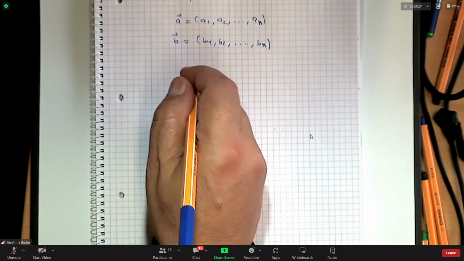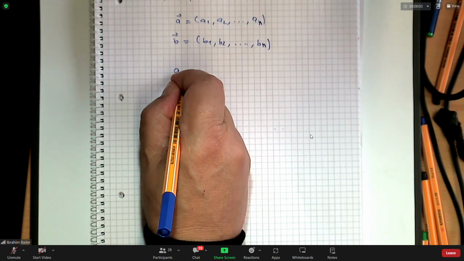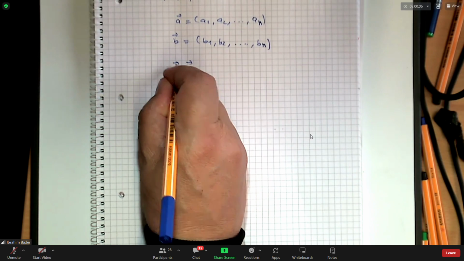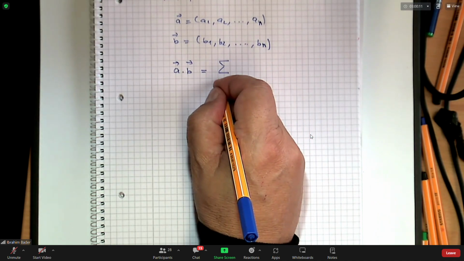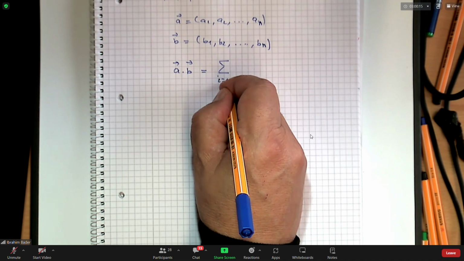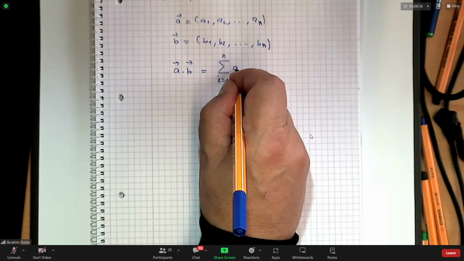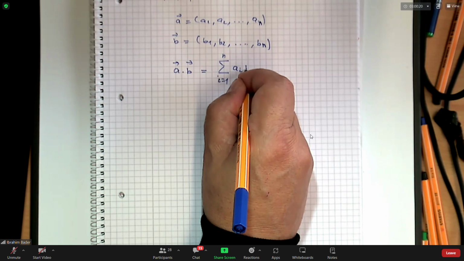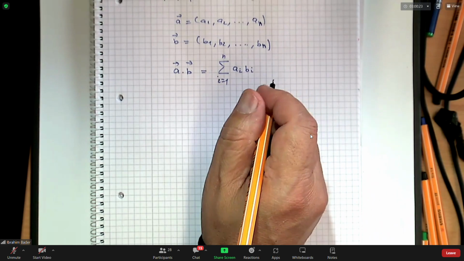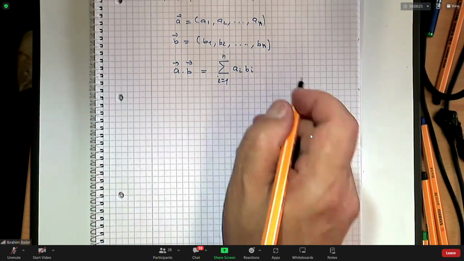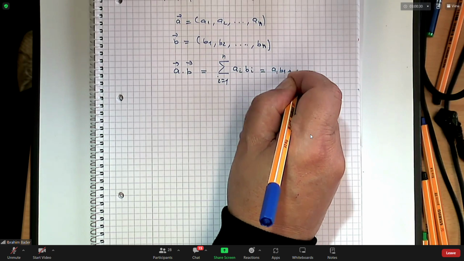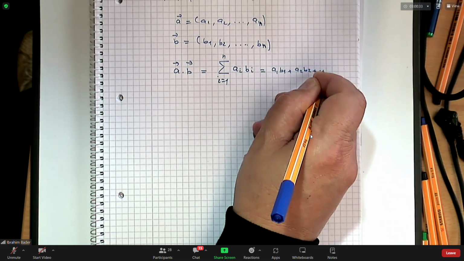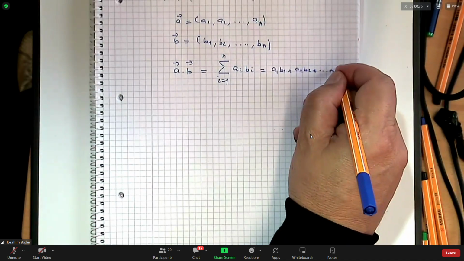We studied this earlier, but this is just a reminder: this is equal to the sum of i equals 1 to n of A_i times B_i. If you break it down, it will be A1 B1 plus A2 B2 plus ... plus AN BN.